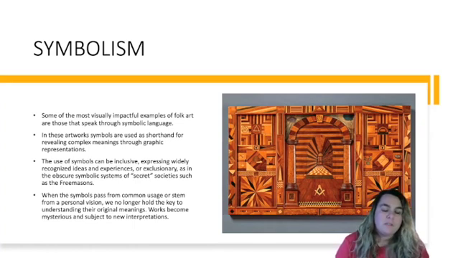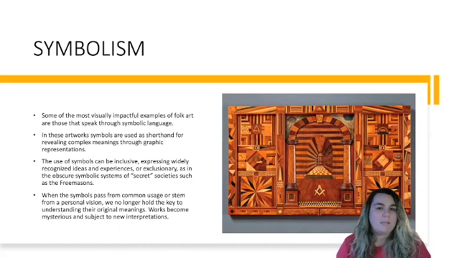So the use of symbols can be inclusive, expressing a widely recognized idea or experience, or it can be exclusionary, as in using obscure symbolic systems of secret societies such as the Freemasons.